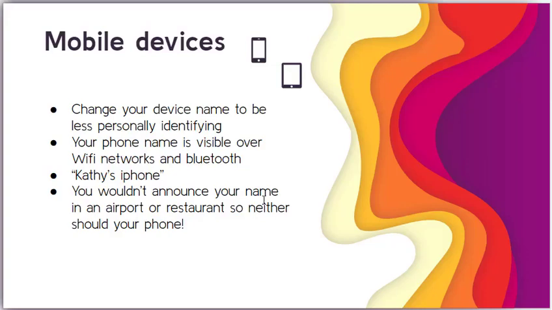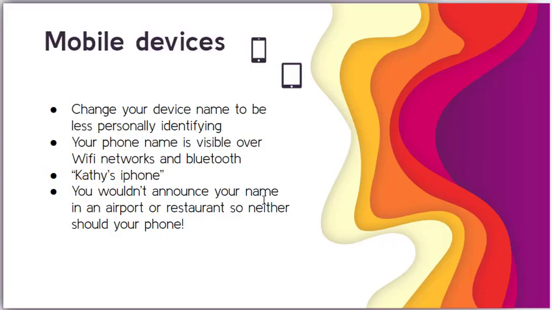The information that you're sharing. So, a suggestion is to change your device name to something else besides your actual name, because if you're on a public Wi-Fi network or you use Bluetooth, when you go in somewhere and you connect to those things, it's going to come up and say Kathy's iPhone. So it's visible to anybody else that is on that network.